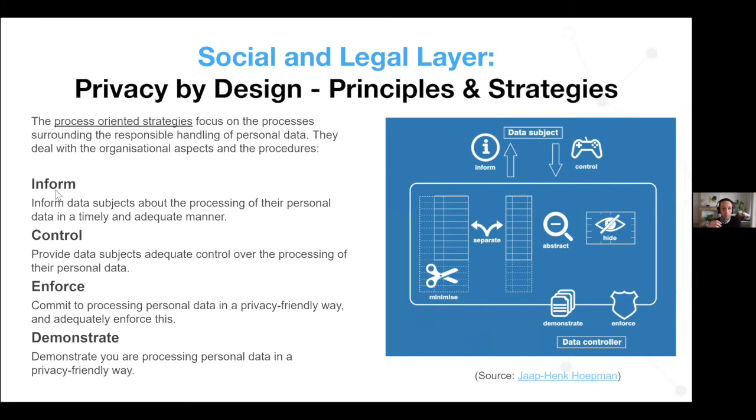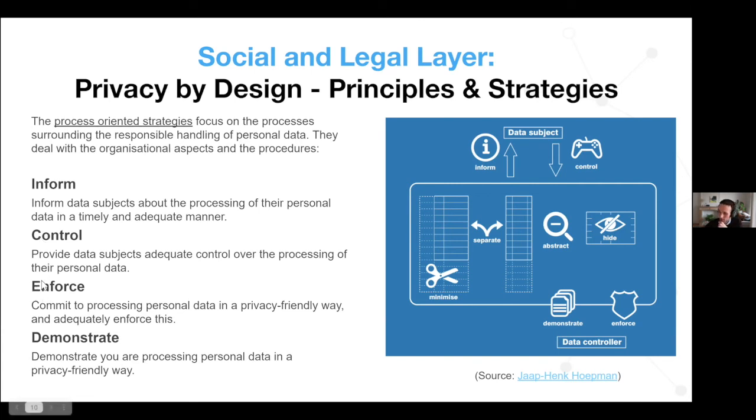The inform principle says that we should always inform a data subject so as to minimize the information asymmetry that might result in power imbalances and loss of agency. And then the other one is control, so we should provide the data subject with adequate control, but even then control is a very abstract principle to take into account.